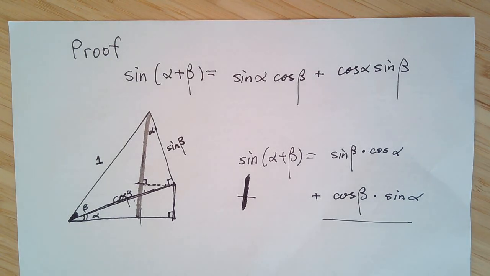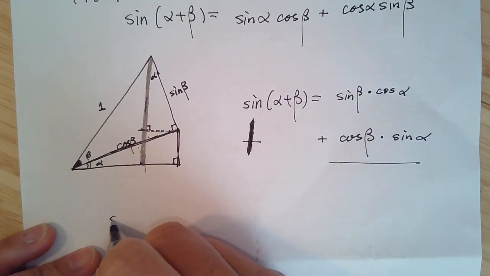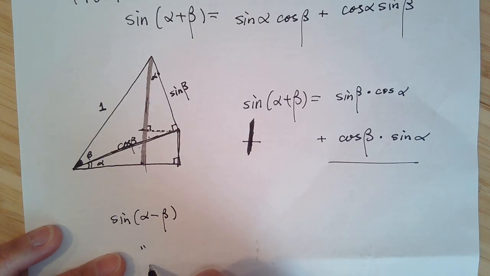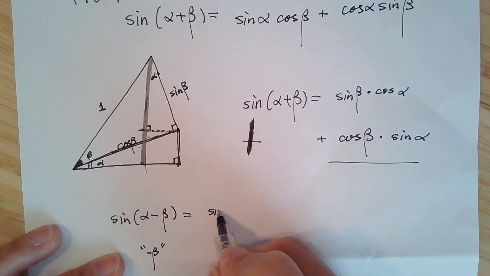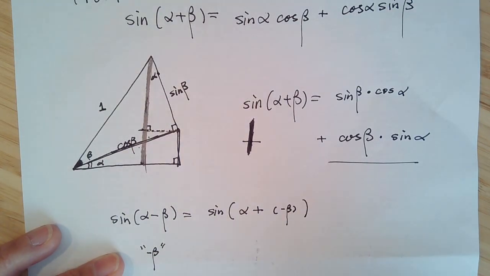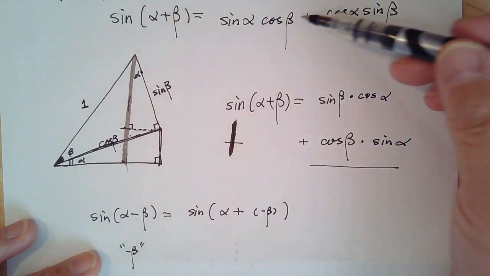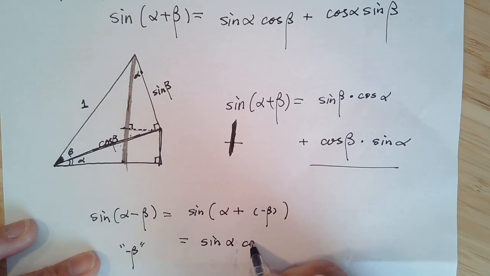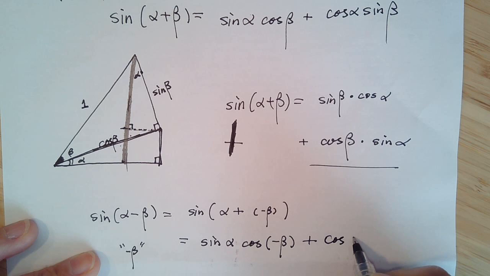Next, if you want to show what sine alpha minus beta is, once you know that, you're going to use negative beta to substitute for beta, so it becomes sine of alpha plus negative beta. Then we can use the sum formula, which is sine alpha cosine negative beta plus cosine alpha sine negative beta.